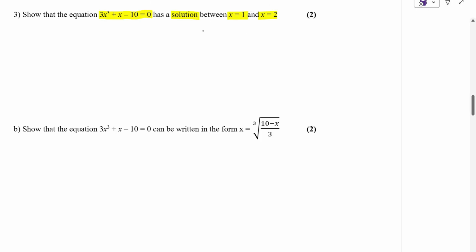Now, the way we are going to do this, and I'll explain why we do this, we need to sub in the value of x equals 1 and x equals 2, two separate lines, into this equation. So 3, 1 cubed plus 1 minus 10. Get a value for that, and a value for when x is 2.